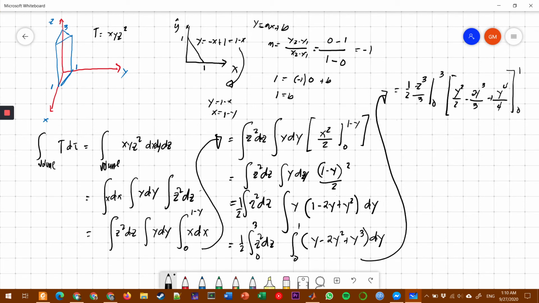Okay, so this is now 1/2. So this is 3, right? So 3 cubed, that's 27, and then 27 over 3, so that's 9.